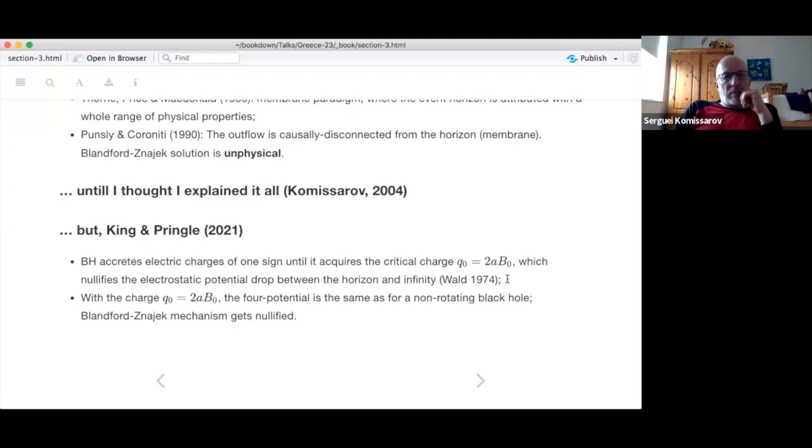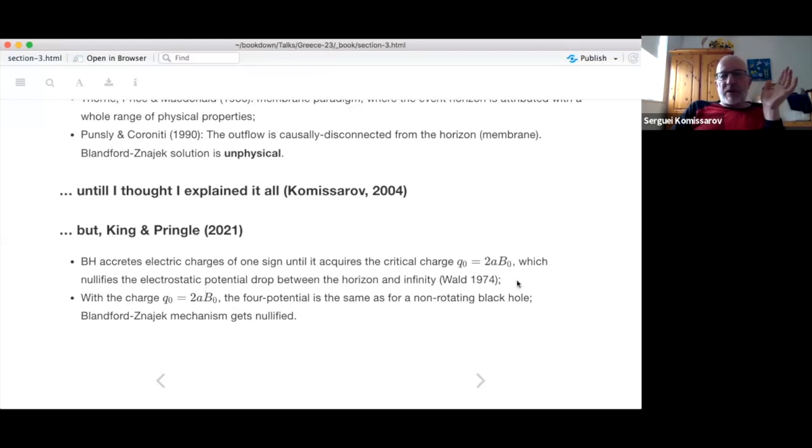And this charge is related to the spin parameter of the black hole and the strength of the magnetic field at infinity.